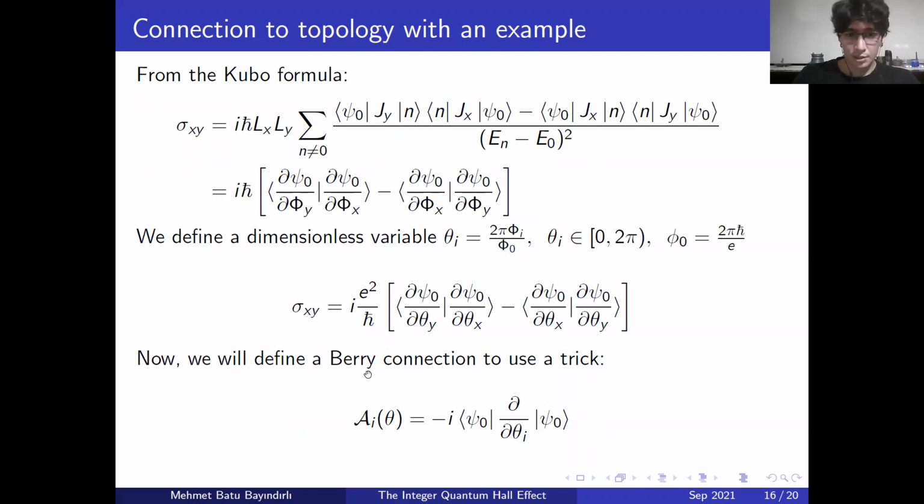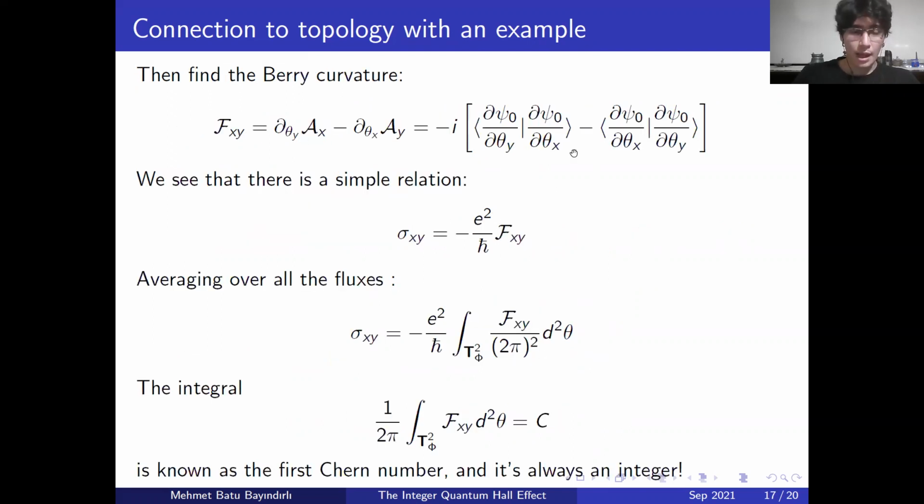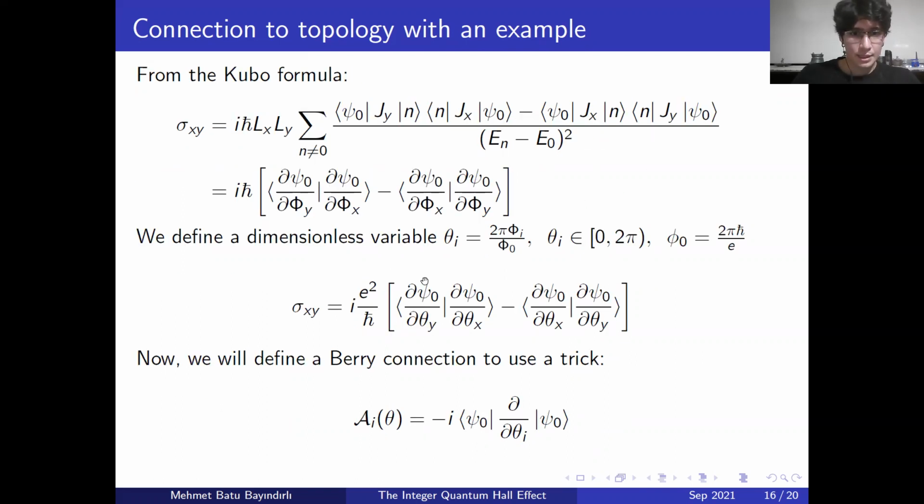So we can define a Berry connection of the system. Then we can define a Berry curvature. And we actually see that there's a very simple relation between these two. So when we compute a Berry curvature here, we see that from the Kubo formula, the conductivity is given as this value.